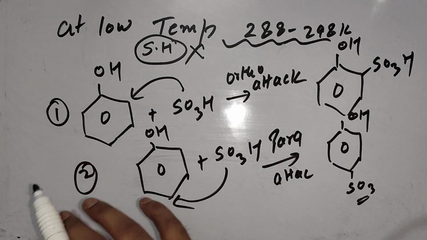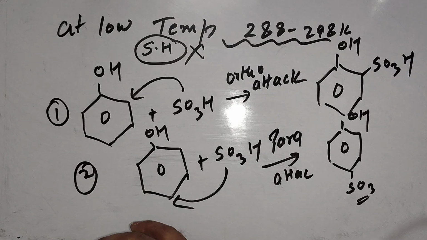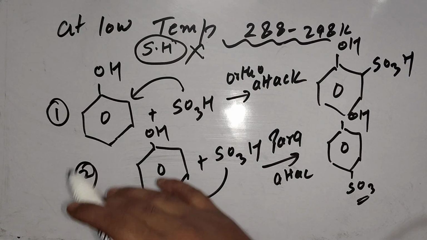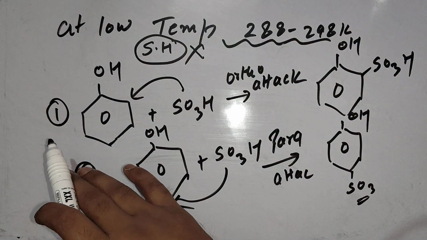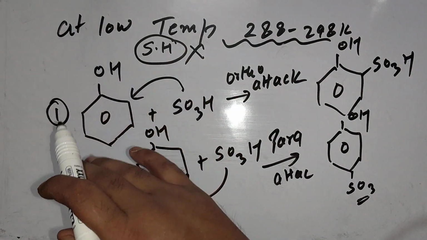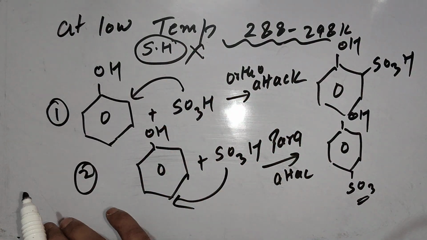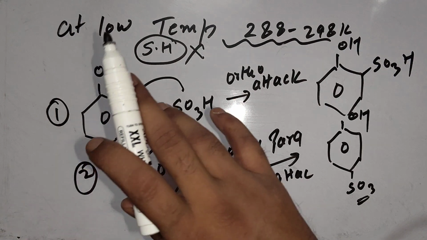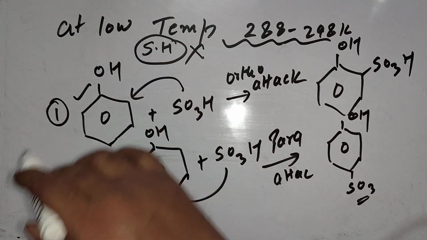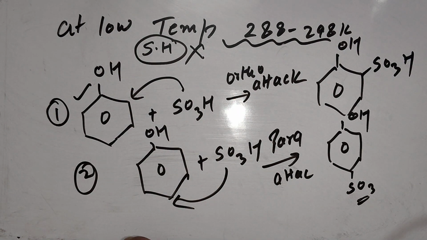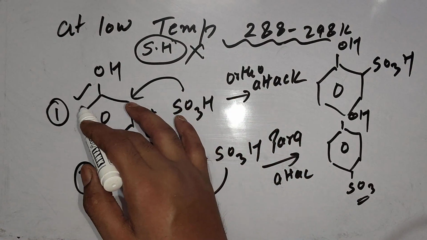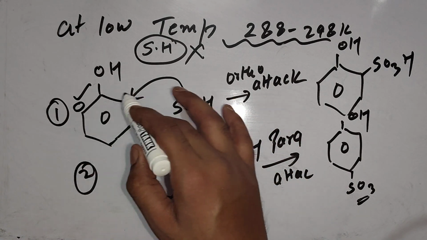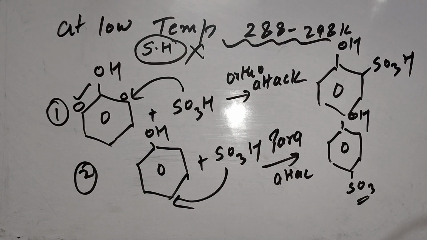Now, the question is, which reaction is fast? If we are not considering steric hindrance because the temperature is low, which reaction will be fast, ortho attack or para attack? The answer is ortho attack will be fast. Reason: dear students, here we have two ortho positions, and how many para positions do we have?